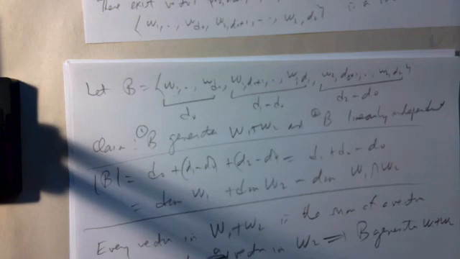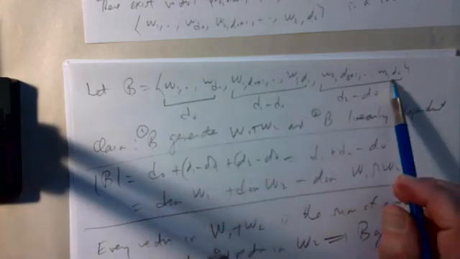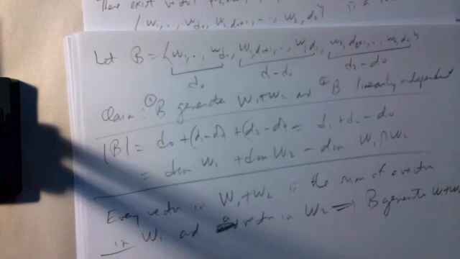So the harder thing is to show that these vectors are linearly independent. So suppose some linear combination of these vectors is 0.